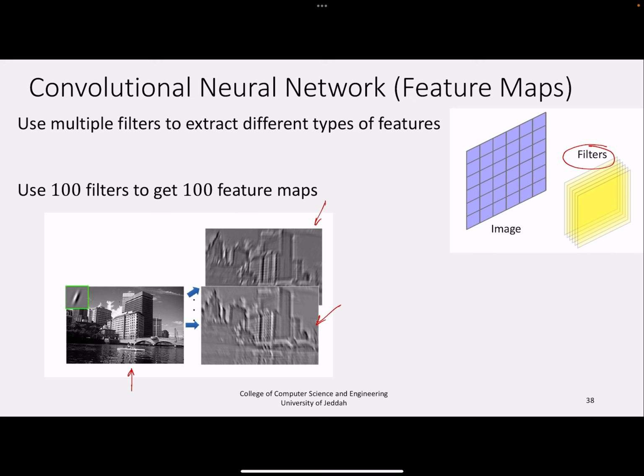So if you have 100 filters, you get 100 feature maps. Basically maps showing where a certain feature captured by the filter is found, in which positions of the image that particular feature is found.